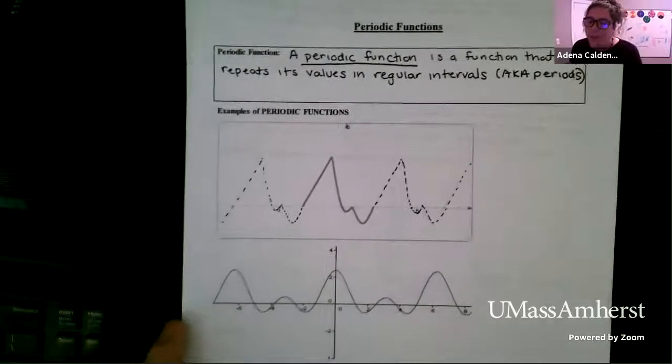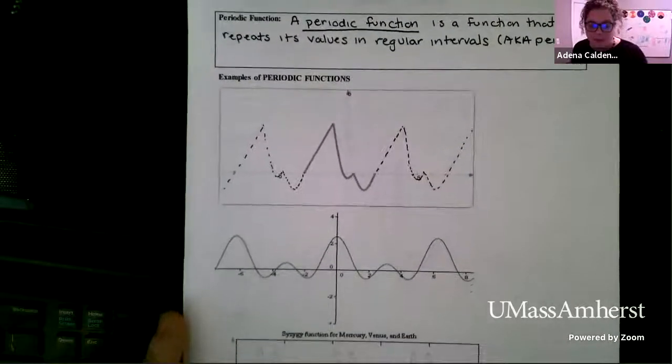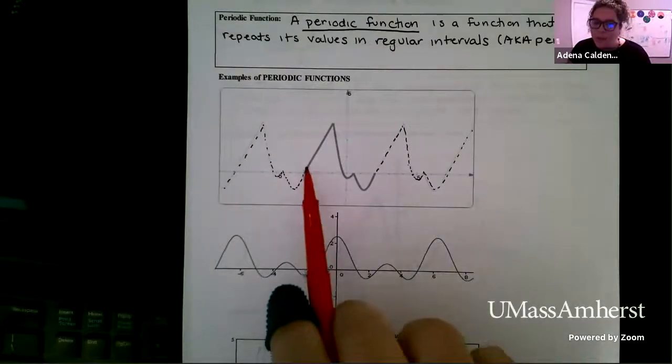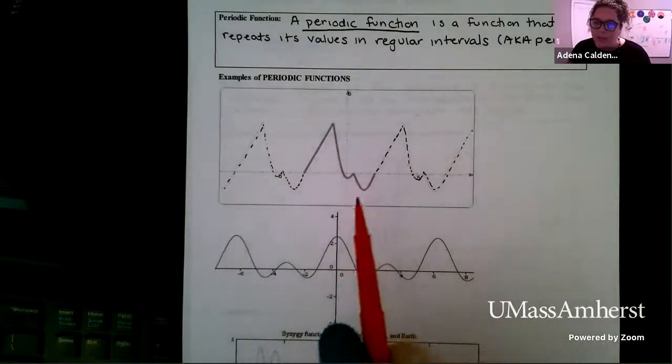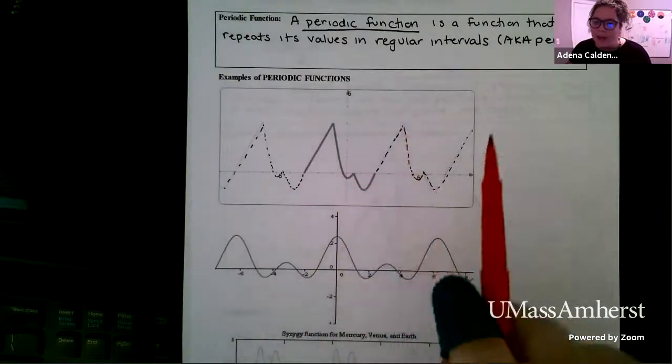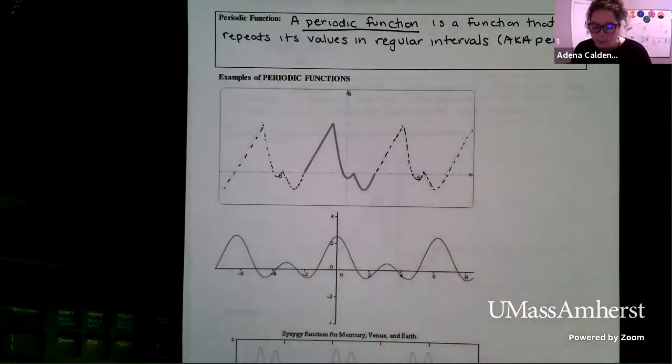Here are a couple of pictures of some periodic functions. Notice that we have this solid line, which is one period of this function, and then it repeats the same pattern over and over again. One way that we notice periodic functions is by plotting the data to see visually that there's a pattern repeating itself.